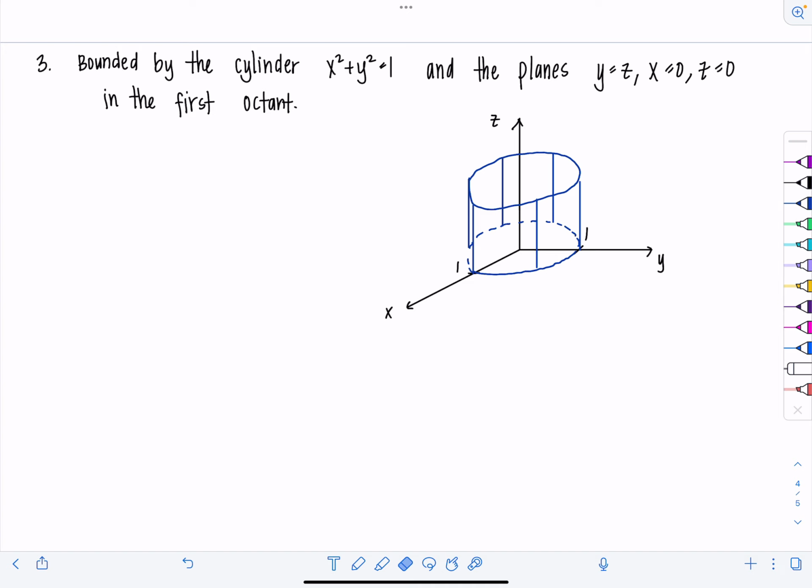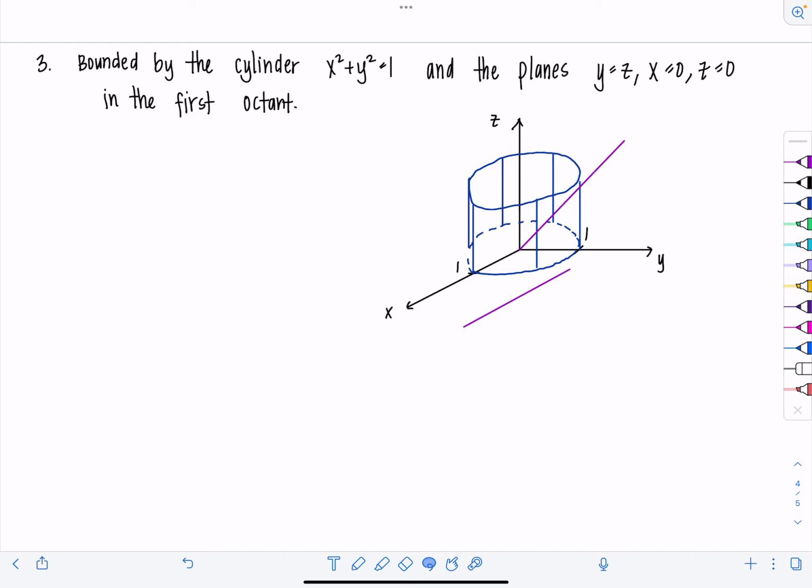And then we have the plane y equals z. Okay, so this plane y equals z, just draw the line y equals z again in the yz plane, and then ask yourself, which variable is missing? It's x. So you're going to project that parallel to the x-axis. Let me draw a little segment parallel to the x-axis.